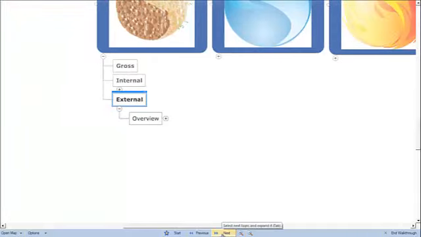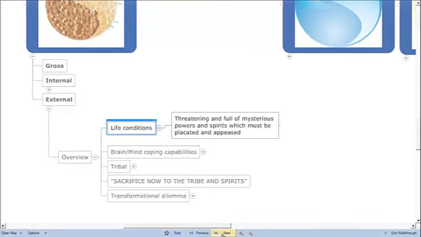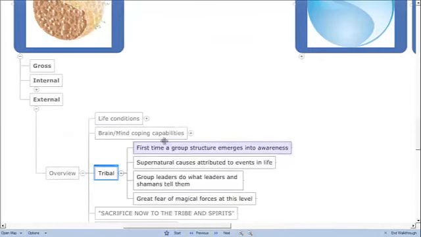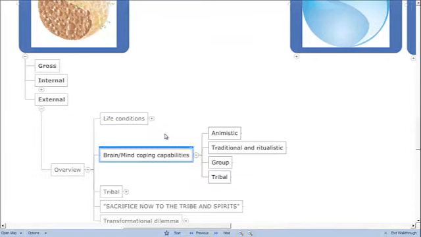Then we've got level 2. This is the Earth external unit, or the Earth external level. So the life conditions at Earth external are threatening and full of mysterious powers and spirits which must be placated, or appeased rather. The brain and mind coping capabilities at Earth external are animistic, traditional and ritualistic, group-based, and tribal.